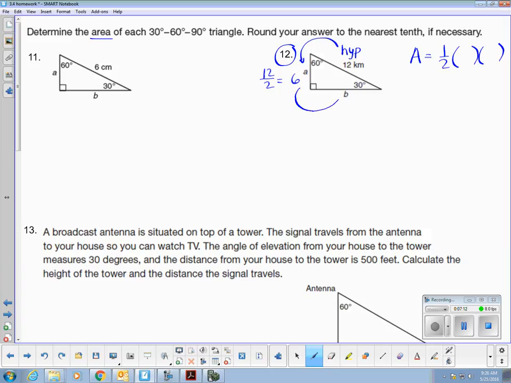From the short leg to the long leg, I multiply by radical 3. So the area is 1/2 the base times the height.